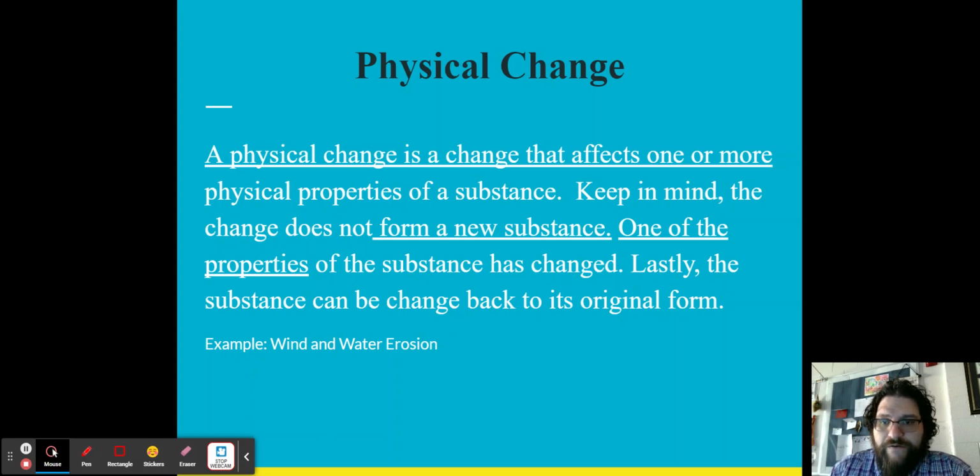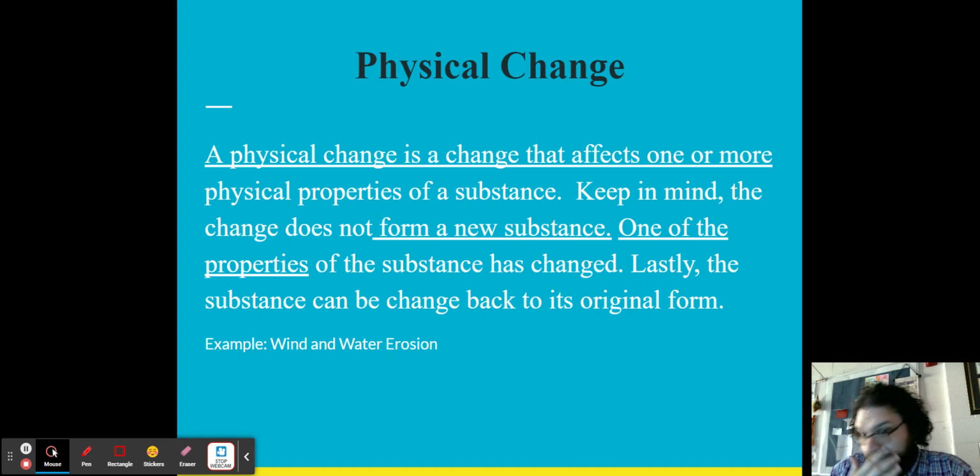So if I chop a piece of wood or I sand a piece of wood, I'm changing a physical property. That's a physical change. If I light that wood on fire and burn it until it is nothing but ash, carbon dioxide, and smoke, that is a chemical change. We've actually changed the substance.